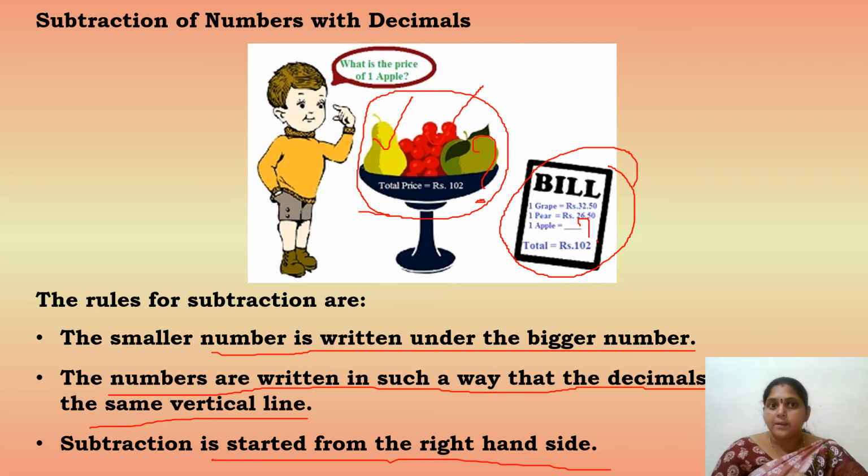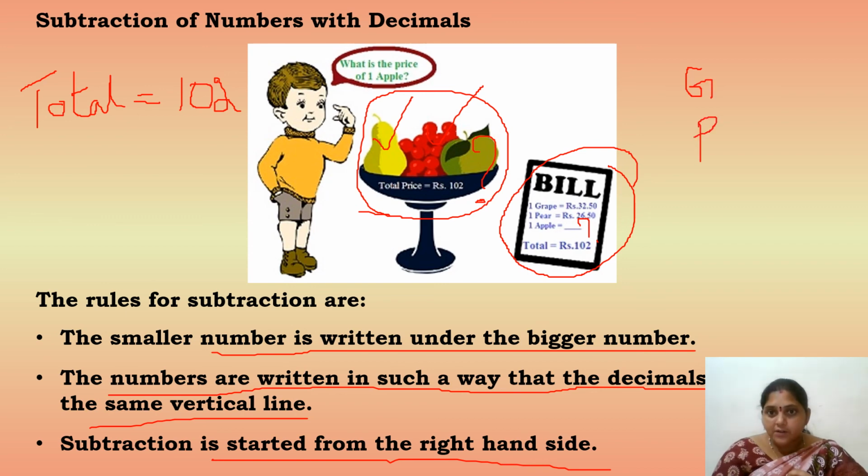Already we know the total amount. What is our total amount? 102. Now, we don't know the value of apple. How are we going to find it? First, add the value of grapes and the value of pear.